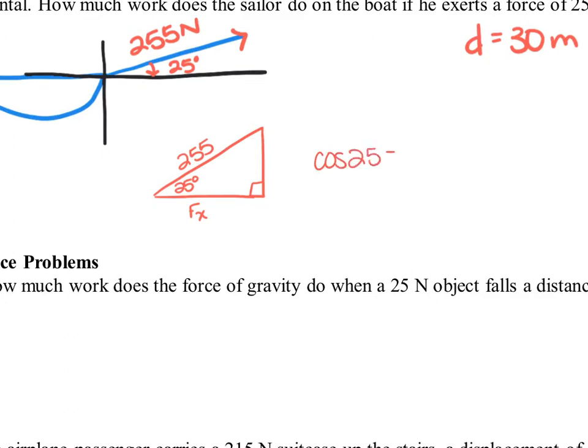Cosine of 25 equals Fx over 255 because it's adjacent over hypotenuse. So our x component of the force is 252.7 newtons.